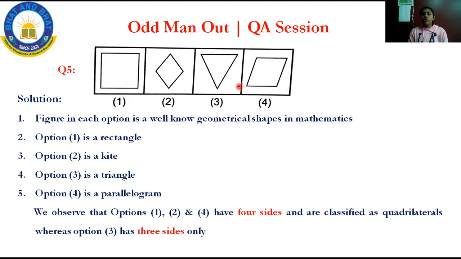Compared to that, options 1, 2 and 4 are four-sided, but option 3 is three-sided. So what is the correct option? Which is the odd one out? Option 3 is the odd one out. This is how we have to analyze the question, start reasoning, and then choose the correct answer. I hope you all understood this. We'll move on to the next question.